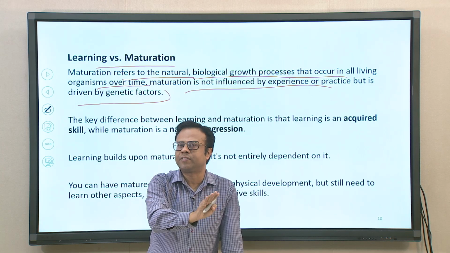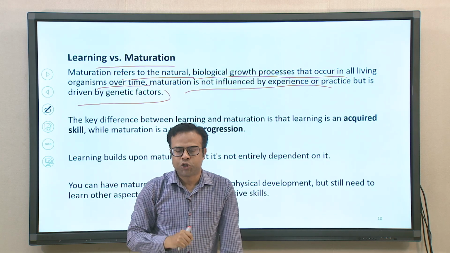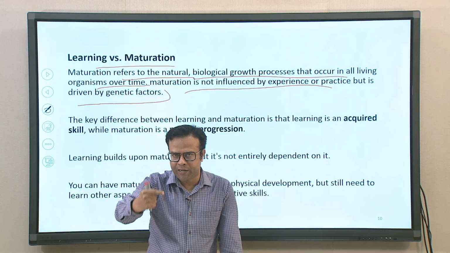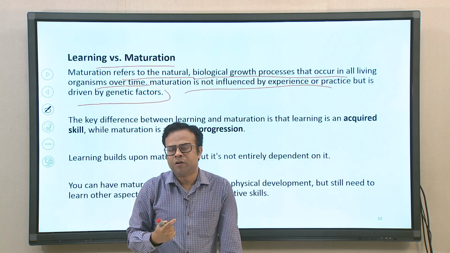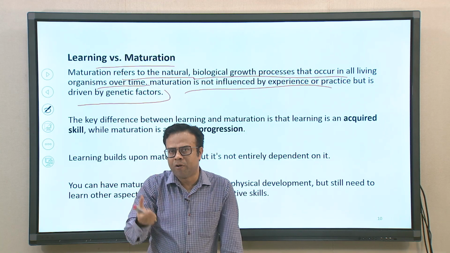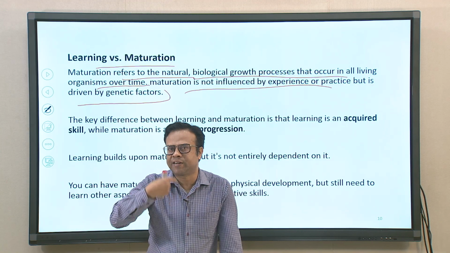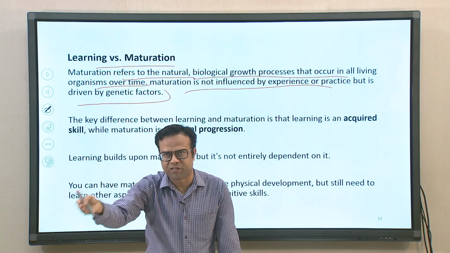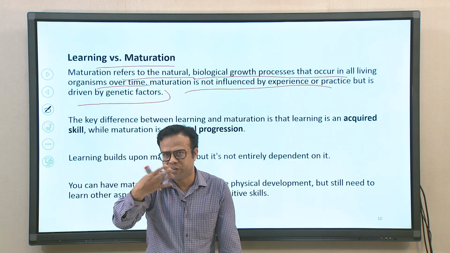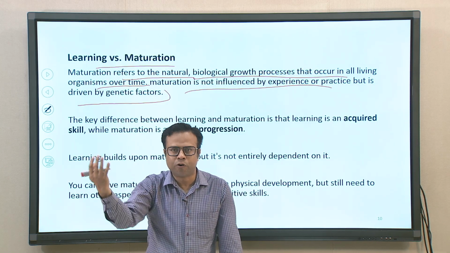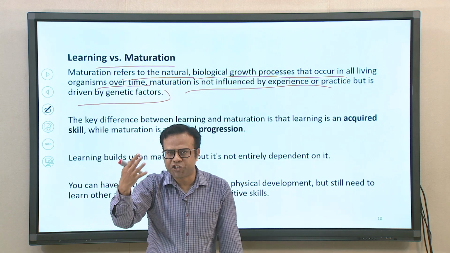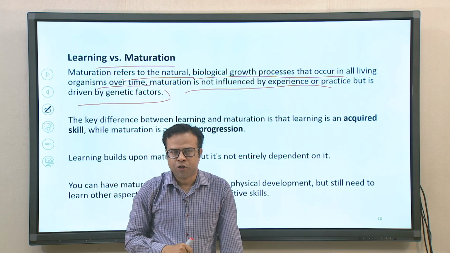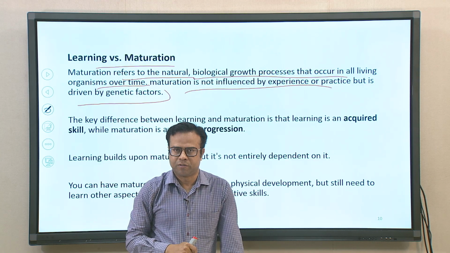Before that development, they cannot learn that. So that is a natural, automatic process of becoming capable of learning something. It is mostly a genetic process. You do not have conscious involvement in it. These are called maturation.